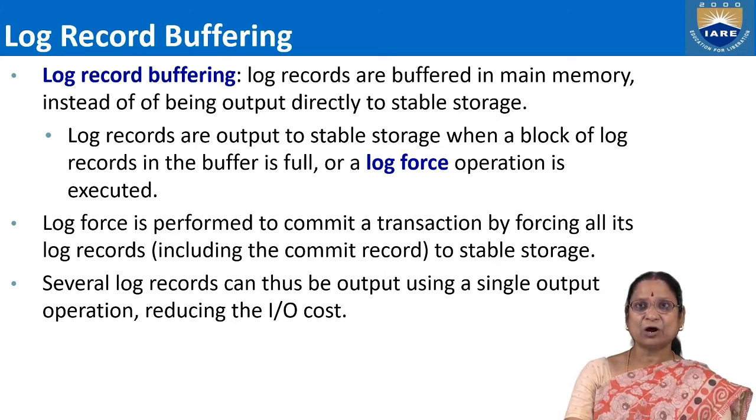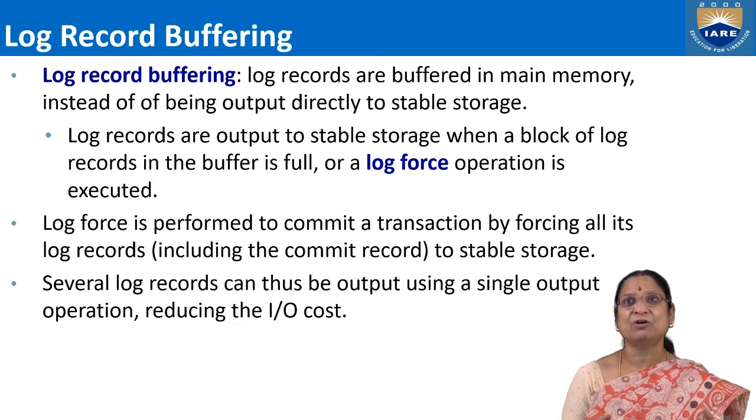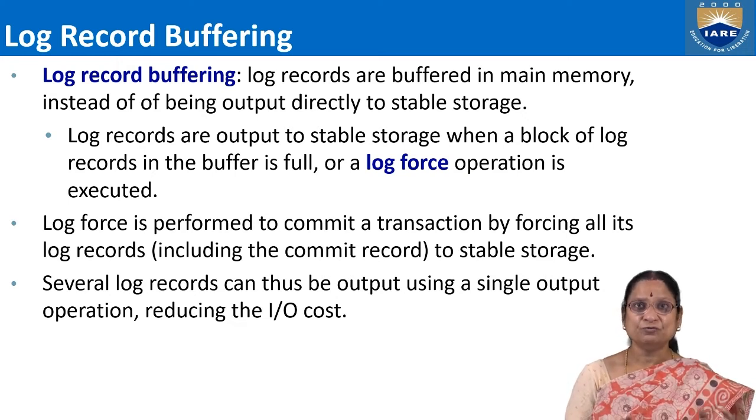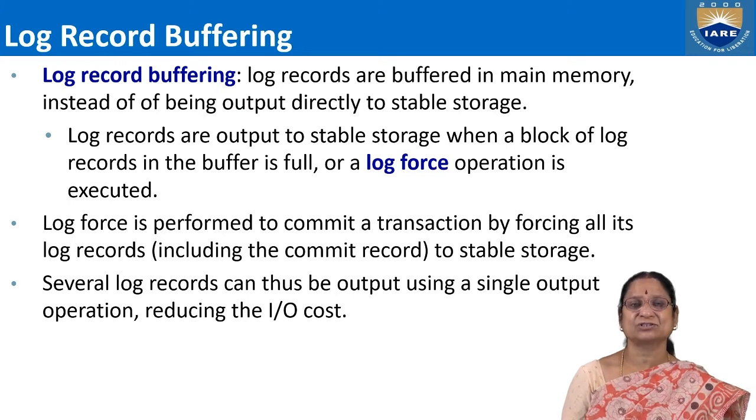These log records are output to stable storage when a block of log records in the buffer is full. We call it a log force operation. Log force operation means there is no space to store our log records further in the buffer. We forcibly move the entire log block to stable storage. Until the entire log records are moved to stable storage, no process is going to be considered by us.